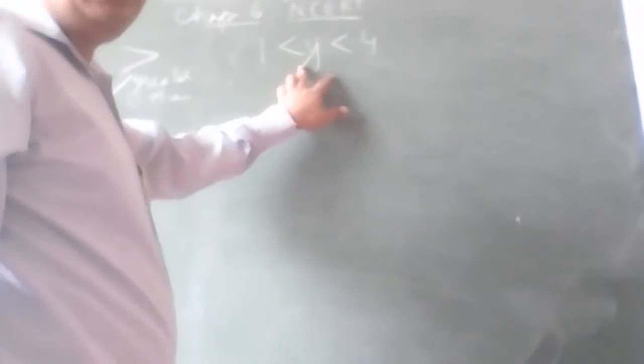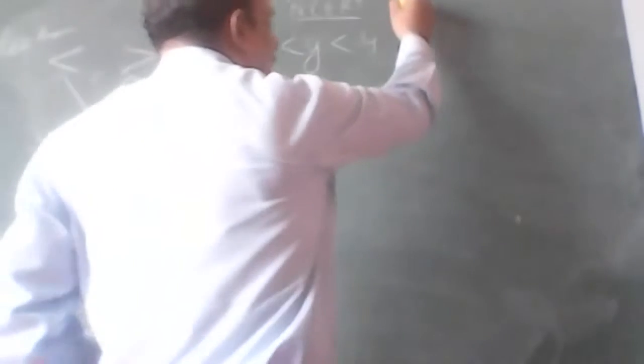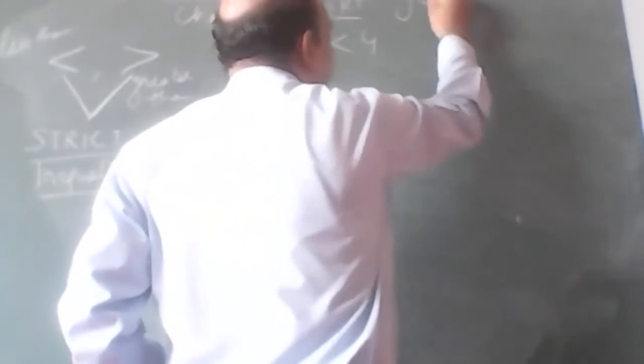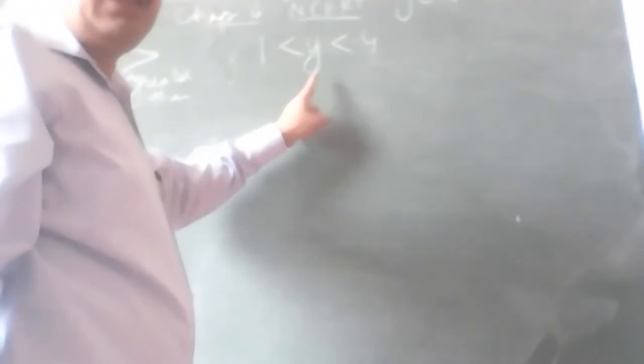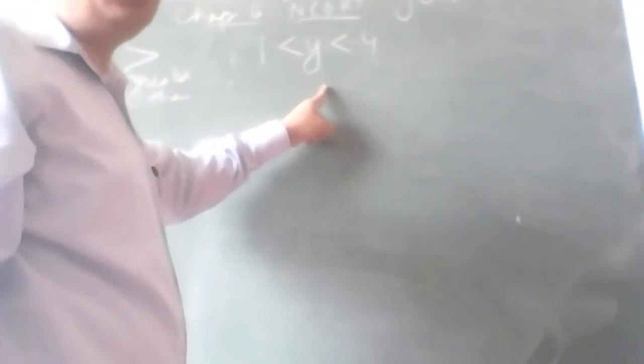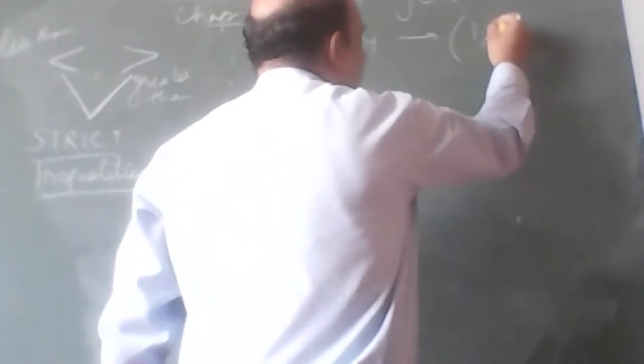It is strict inequality. When we say strict inequality, and y belongs to the real number system, and we have to show this real number system in intervals, we would show it as the open interval (1, 4).